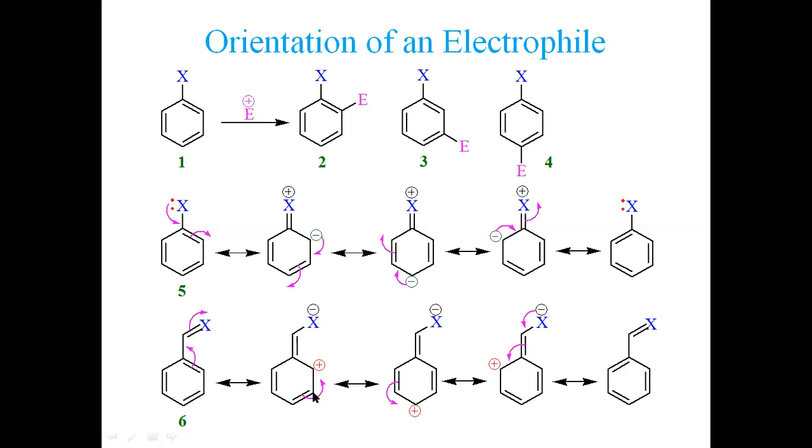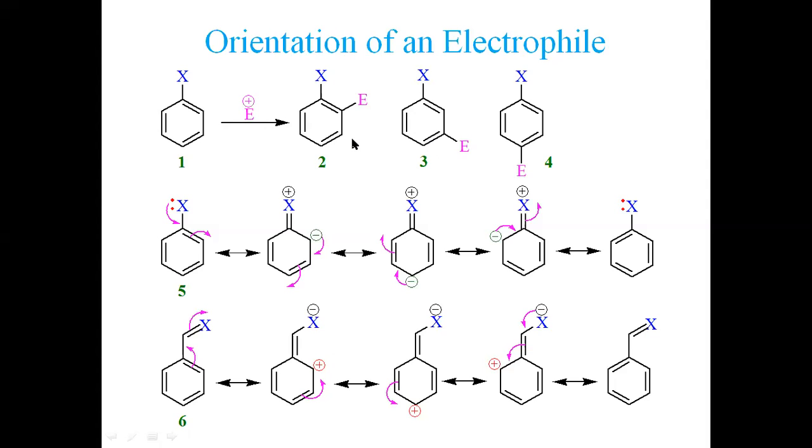Only one possibility is left: this side or that side, which are the same isomers. So if the electrophile is approaching such a system, it shall prefer to go to the meta position. This is what product number 3 shall be formed in such a case, not 2 and 4.